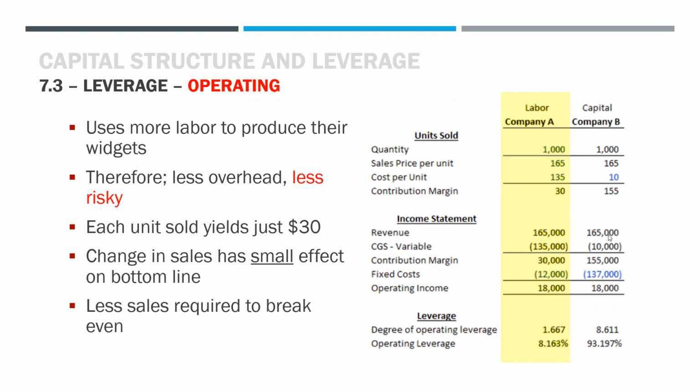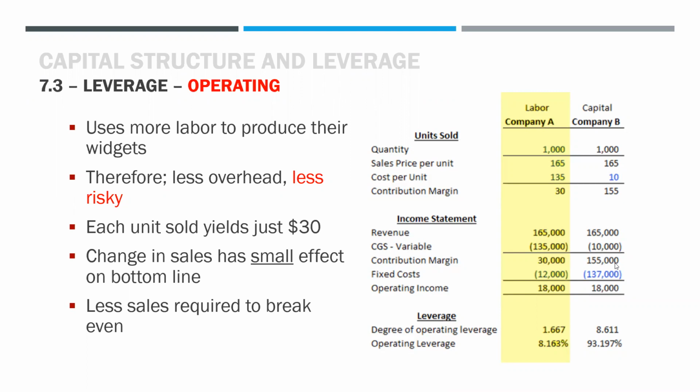Where they're going to have a difference, though, is going to be in those fixed costs. Company B is going to have more fixed costs, have more equipment, things that are more pricey.